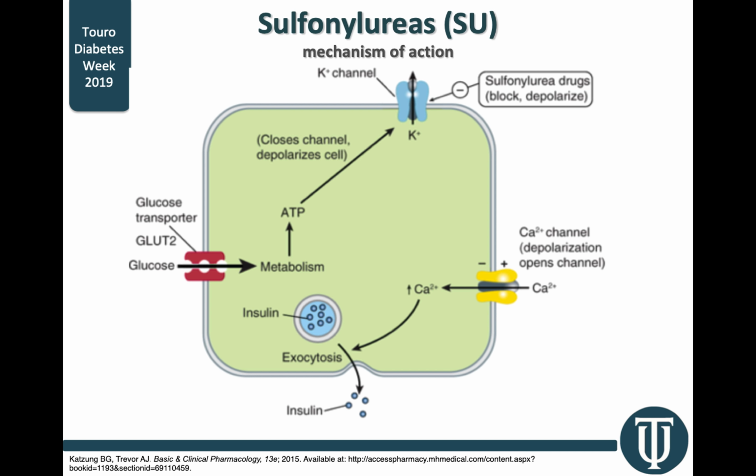Okay, so this is another diagram illustrating the same concept. So first, sulfonylurea would bind to the potassium channel. With the potassium channel blocked, there won't be as many potassium ions going out. So that would then lead to depolarization inside of the cell. With depolarization, that would lead to more calcium ions coming into the cell.